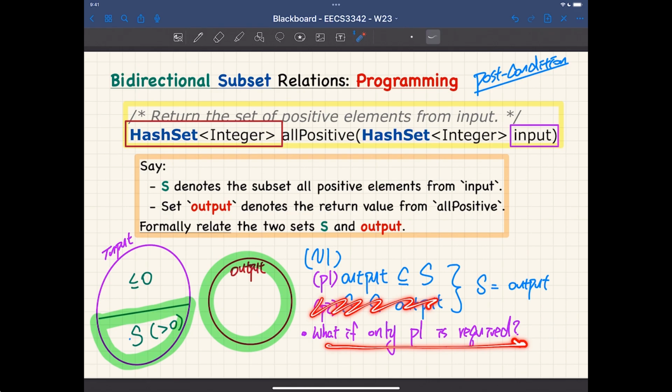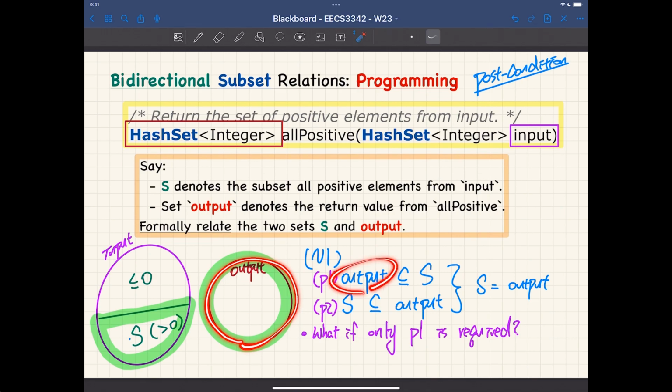What is that? If we only require that output is a subset of S, then what's wrong with that? So, yes, in this case, for example, output could be just the empty set, right? Agree?